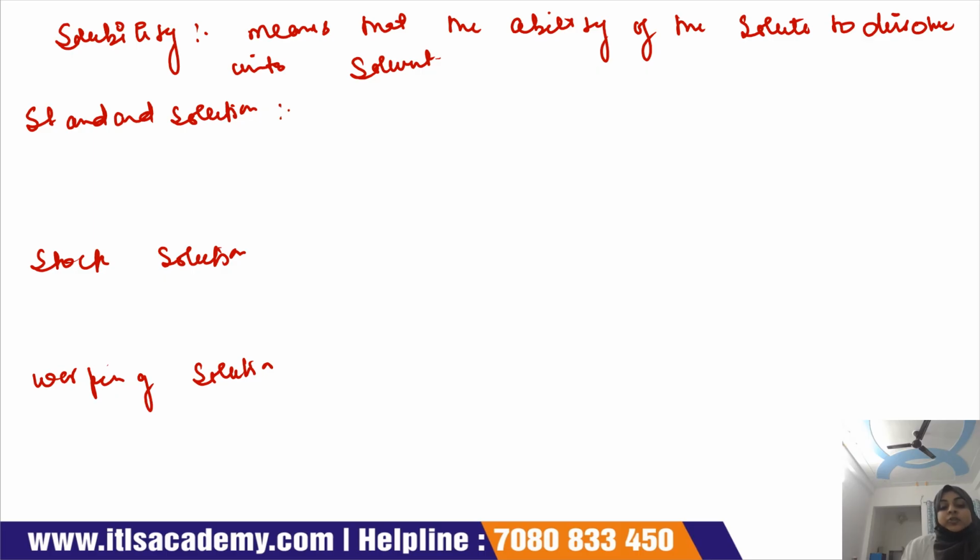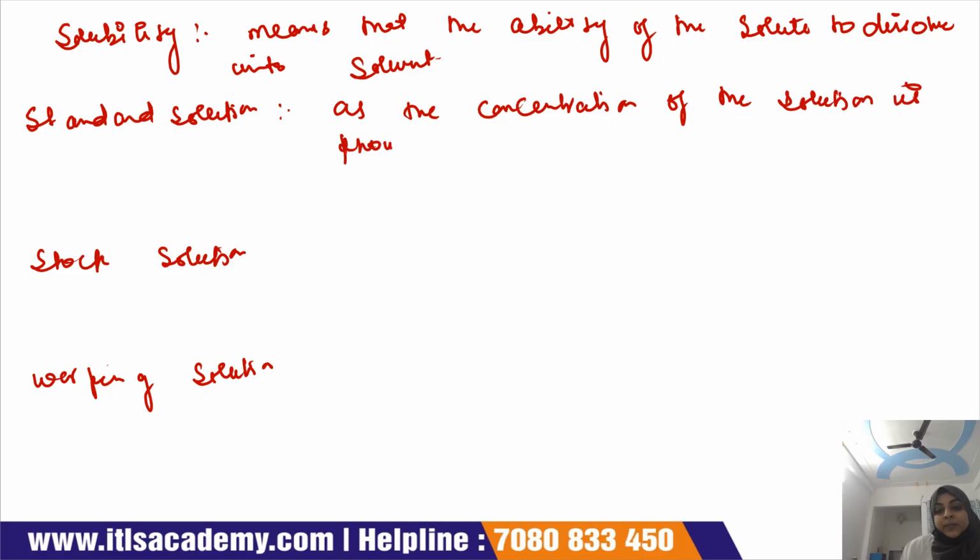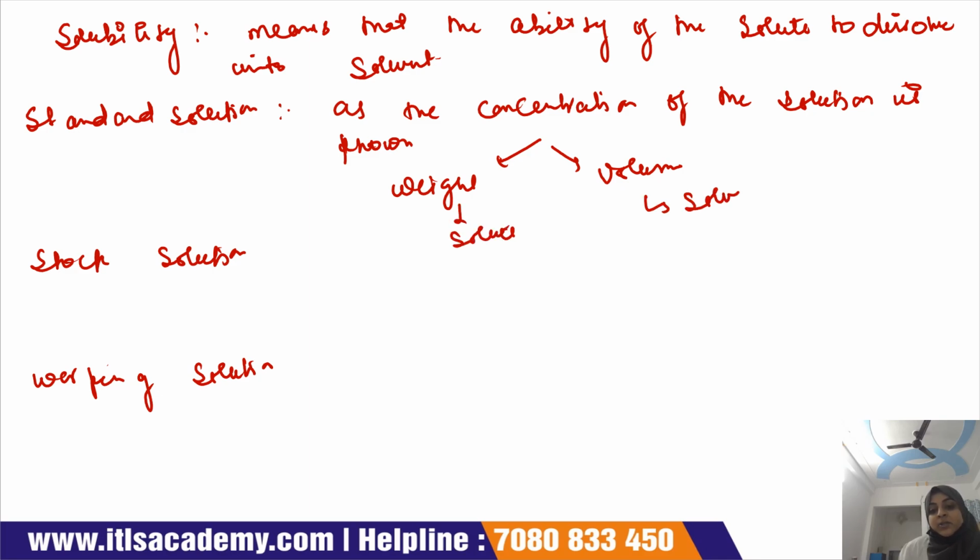Simply, the standard solution is defined as a solution whose concentration is known. Okay, that means that the weight of the solute and the volume of the solvent are known.